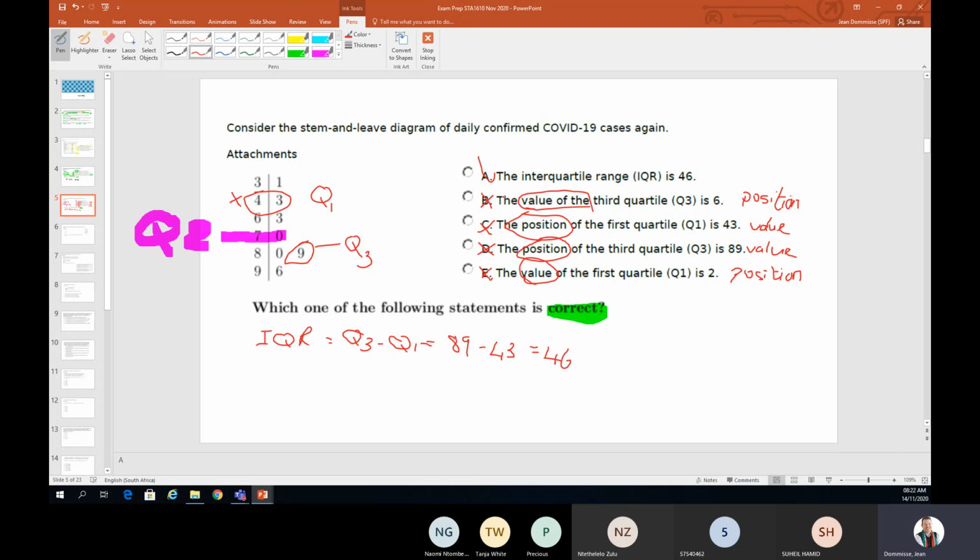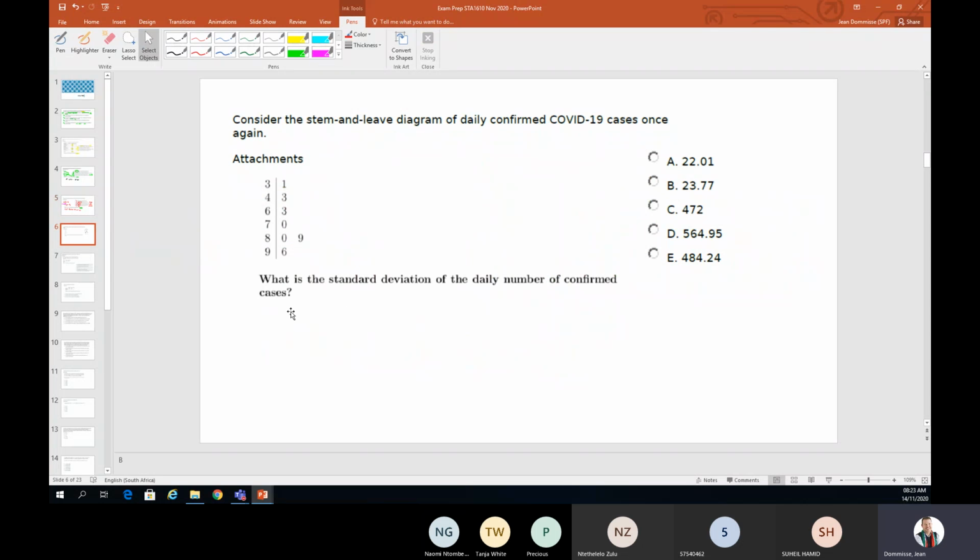It is very easy to make that mistake because you are looking at that number and you're like, but it is 89, forgetting that they're actually asking the position and not the value. Okay, in both of these, they were looking at nearly study unit 3. So let's look at the next one.